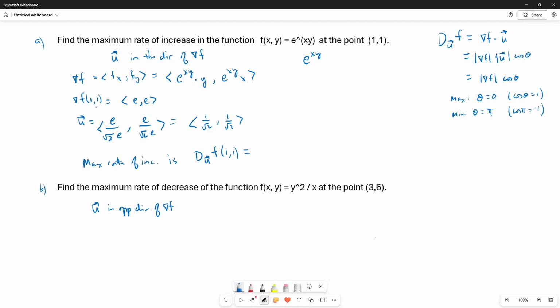And that's going to be the gradient at the point (1, 1) dotted with the vector u. And that's (e, e) dotted with (1 over root 2, 1 over root 2). So you multiply these together and then add. So this one is e over root 2 plus e over root 2, which makes 2e over root 2.